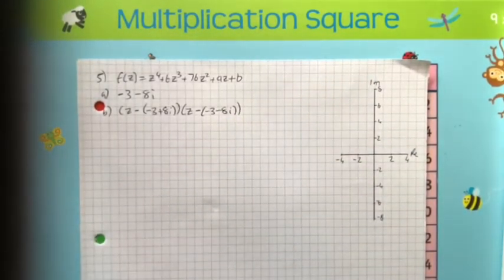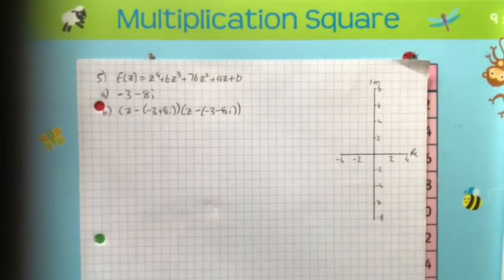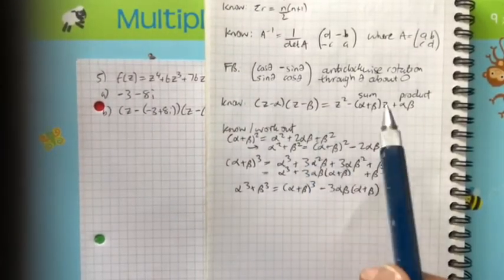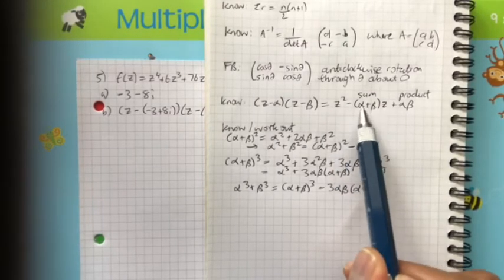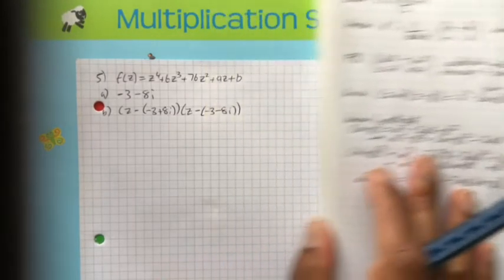So that will be the quadratic that goes into that equation there. Now we should know z minus alpha, z minus beta is equal to z squared minus the sum of those two, alpha plus beta, and the product of those two, alpha beta.